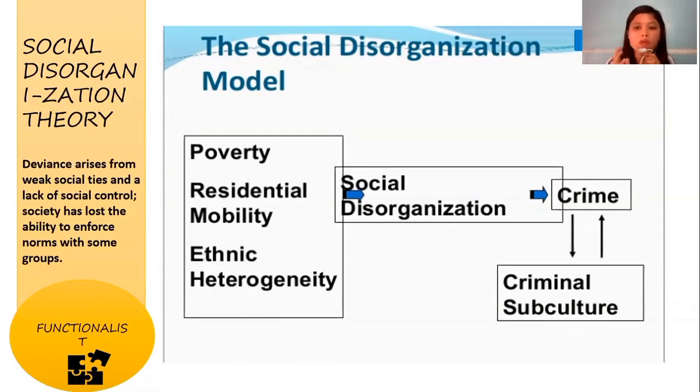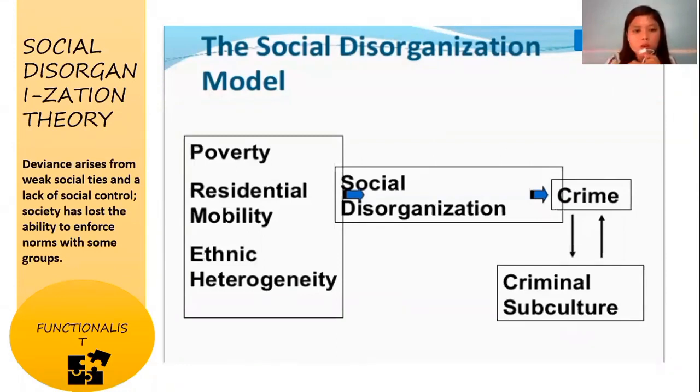Talking about poverty, it involves the scarcity or insufficiency of the resources in the community. So poverty results in what we call residential mobility. And when we talk about residential mobility, it is the frequency of changing residences, meaning there is this fast moving in and out of the community.